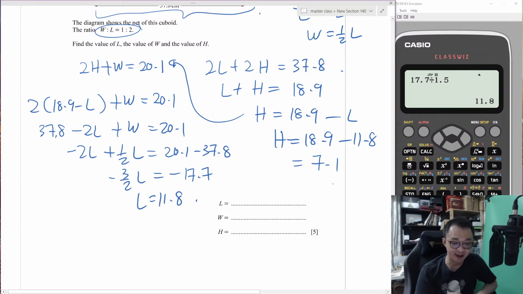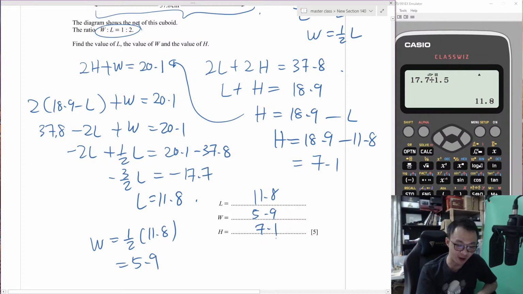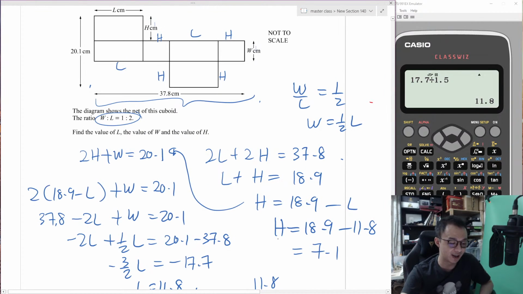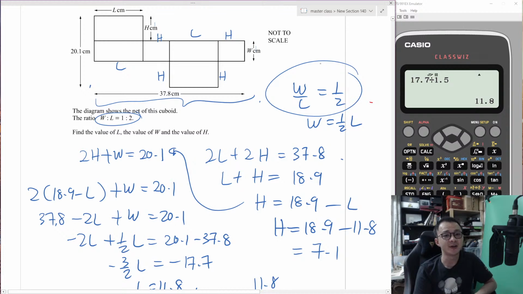Then I can get the W. W is 1 over 2 L, so it's 5.9. Then I got all the values. L is 11.8, W is 5.9, last one is 7.1. The only challenging part for this question is that you need to know that a ratio can also be used to form a fraction. If you understand this concept, this question will not be too difficult for you.